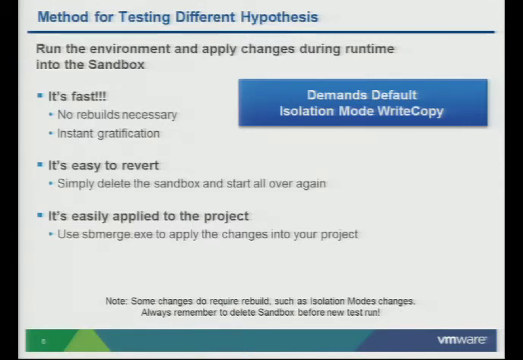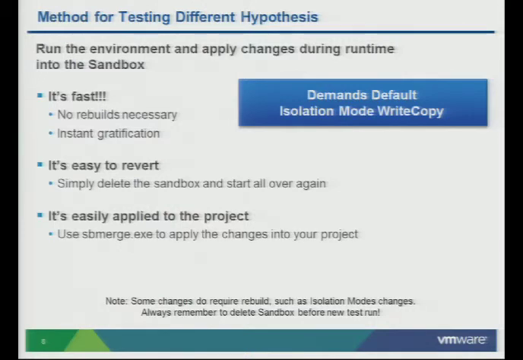Let's say you need a temp folder in the root of C drive. If you are using merged as the isolation mode, and you create this temp folder, it will be created on your native machine instead of being sandboxed, which means the SB merge will not be able to merge the complete set of fixes into your existing project.